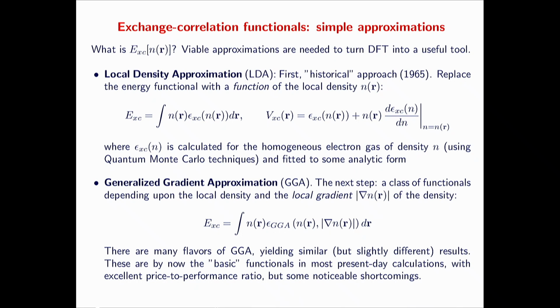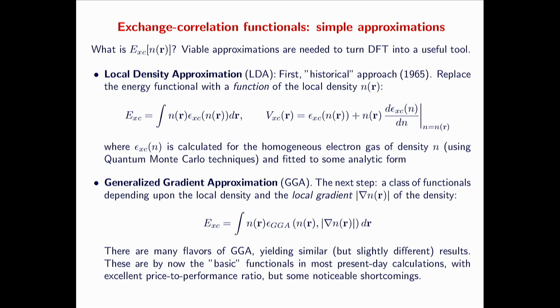There are techniques that allow to solve practically exactly the homogeneous electron gas, in particular the quantum Monte Carlo technique. So this function here, epsilon xc of n0, let's say, is known as a function of n0.